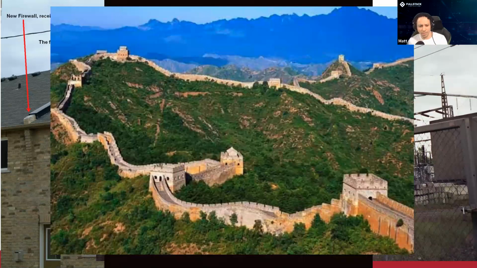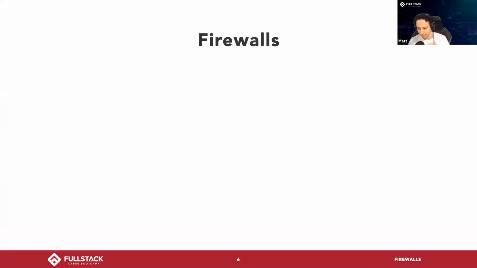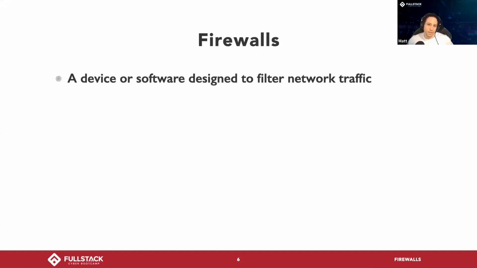So let's talk a little bit about what these things actually are and how they actually function. Keep in mind, they really are just something that stops things from going in or coming out. If we're defining a firewall, we have this simplest definition: it's either hardware or software that's going to filter network traffic.